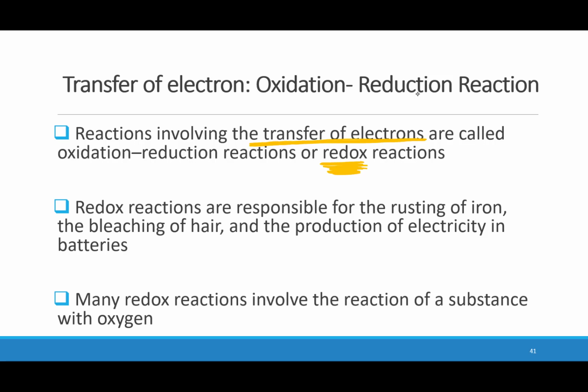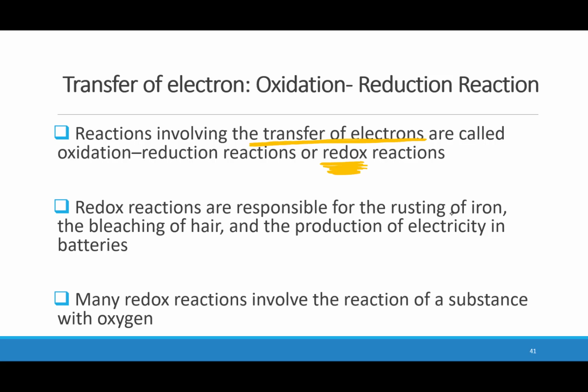Examples are when you go to the hair salon and bleach your hair, or if you leave your bike outside over the winter and you go back to it, it's all rusted out and looking ugly. These are all indications of the transfer of electrons, which we also call oxidation reduction reactions.